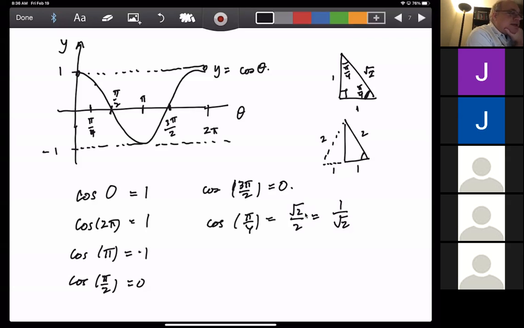If each of those interior angles is the same because the opposite legs are the same, then this would be pi over 3 radians. This would be pi over 6 radians. There's a right angle. So the cosine of pi over 3 would be 1/2, and the cosine of pi over 6 would be the side divided by my hypotenuse, and by the Pythagorean theorem, I know that's square root of 3.